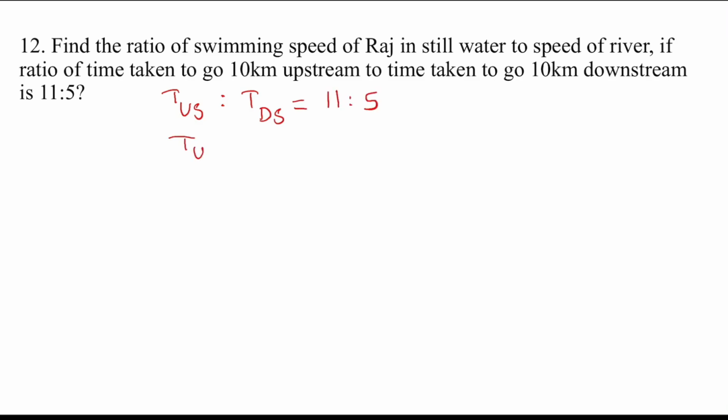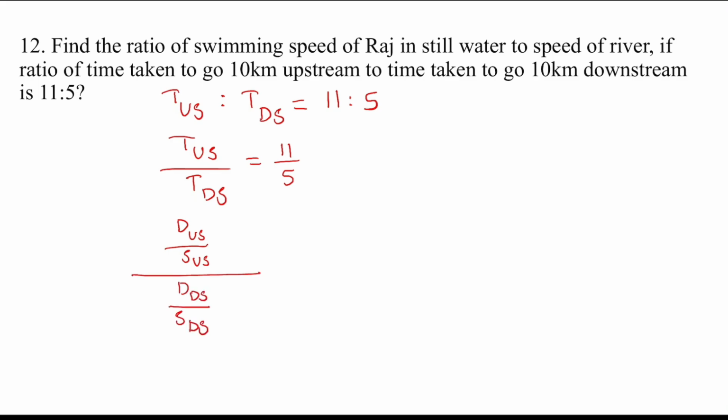From this I can say time taken to go upstream divided by time taken to go downstream is equal to 11/5, isn't it? Now we know time is nothing but distance upstream divided by speed upstream, divided by distance downstream divided by speed downstream.